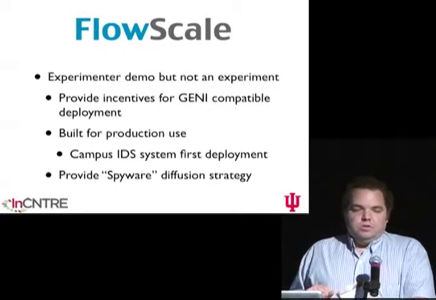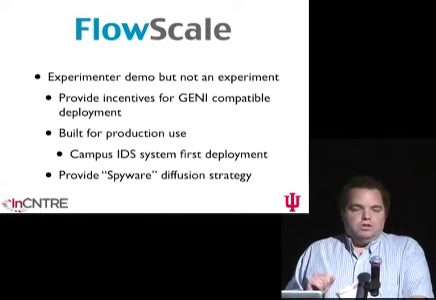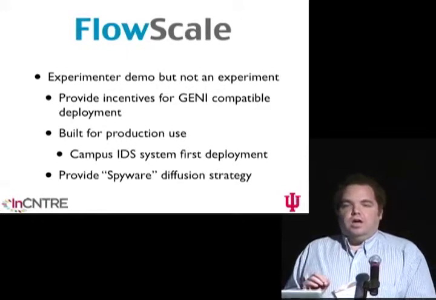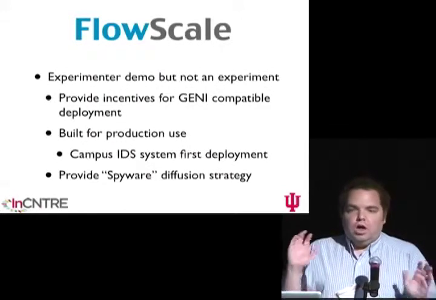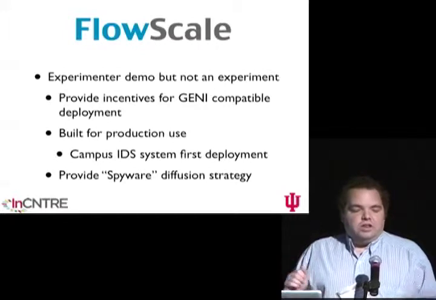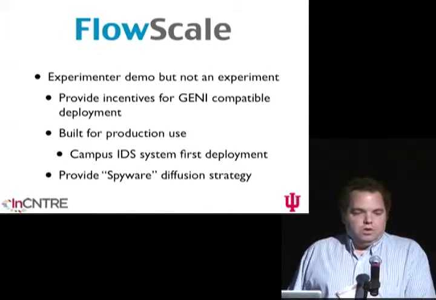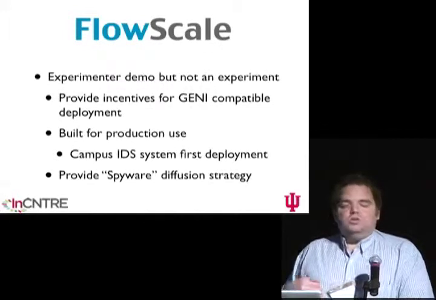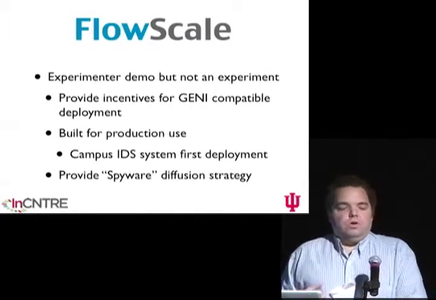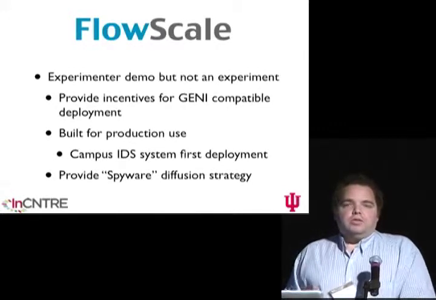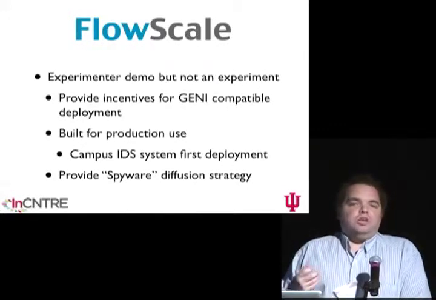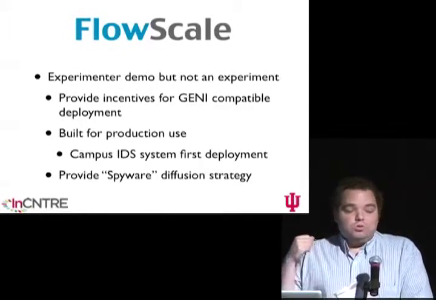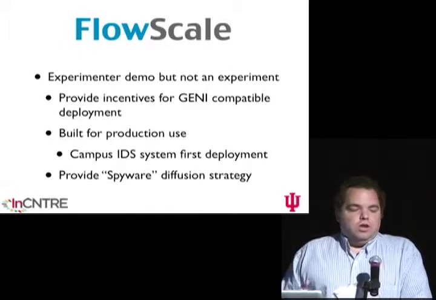This is a little different from some of the other demos in this session, in that this isn't really an experiment. In the gradient between an application and an experiment, this is very far off to the application side. But one of the things that we're trying to do is to provide incentives for GENI deployment, by building out applications that would be very useful for network operators and network administrators to deploy in their own networks.